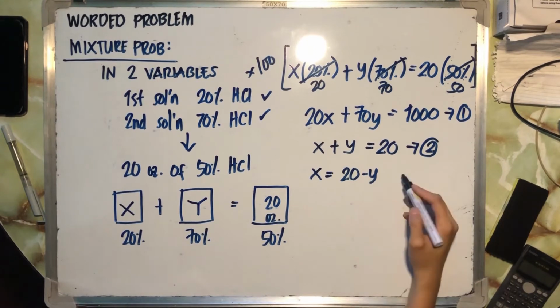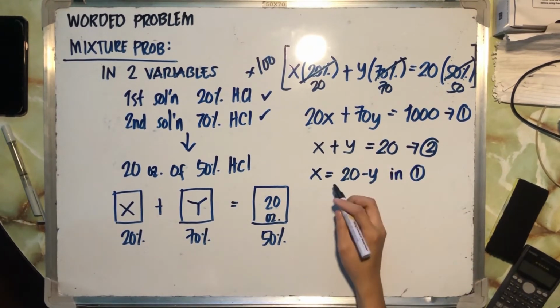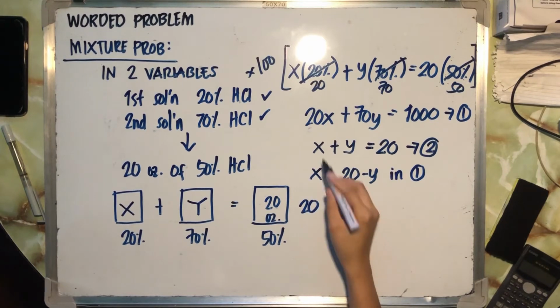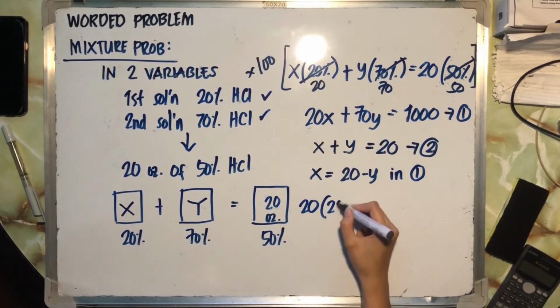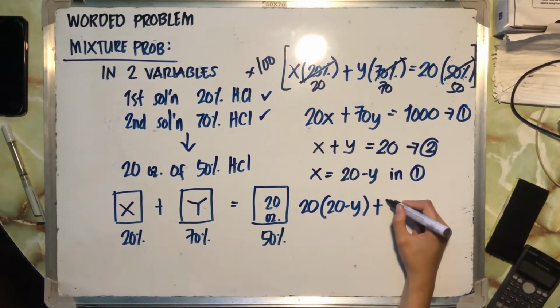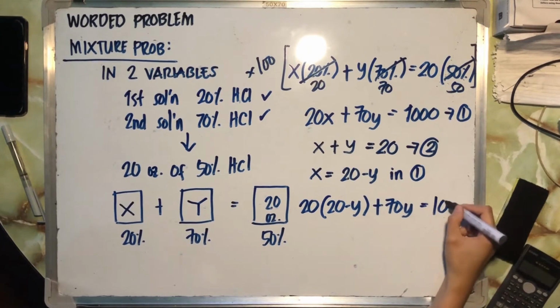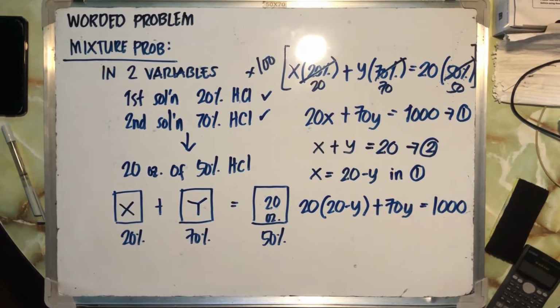Lagay natin ngayon. Lagay natin to in equation 1. That would be 20. X is 20 minus y. That is 20 minus y. Do you follow? Okay, plus 70y is equal to 1,000. I hope that's clear. Spread natin.